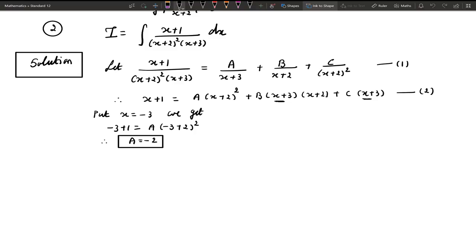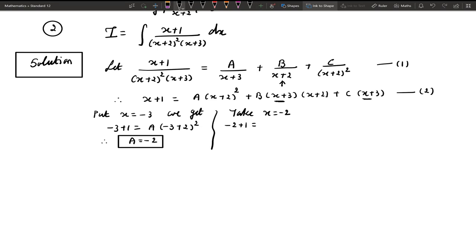So the first choice is x equal to minus 3. Now the second choice is to take x equal to minus 2. So on the left hand side, minus 2 plus 1.